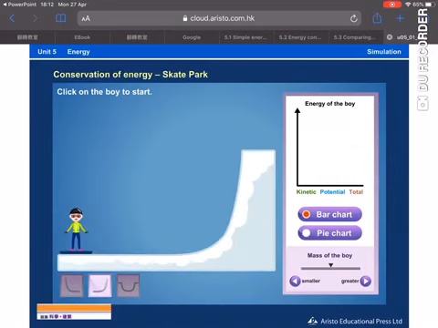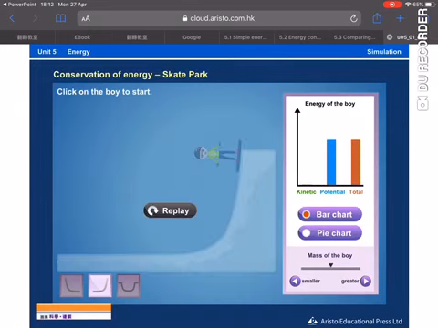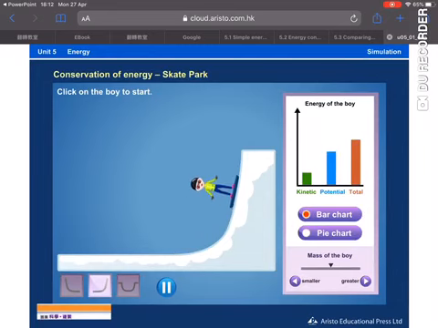Now let's take a look at a different design. For example, if this person is going up, start with a lot of kinetic energy, and then when the person reaches the top, you see that he has reached the full potential. All the kinetic energy is converted into potential energy at the top there.